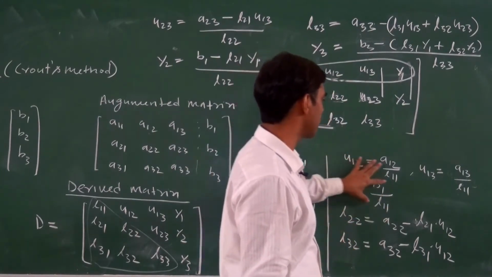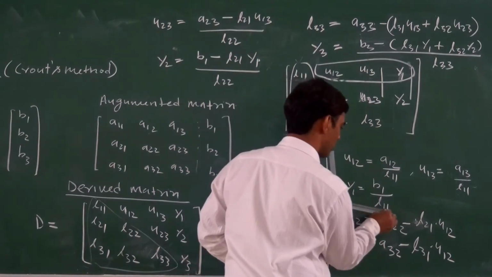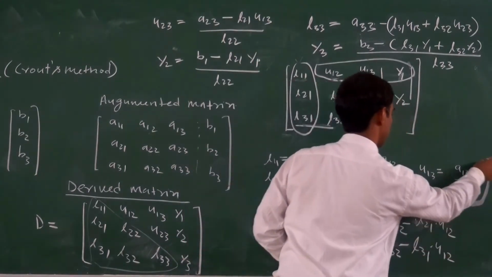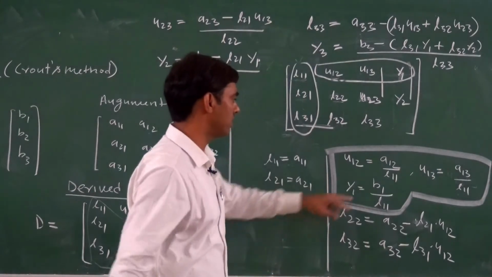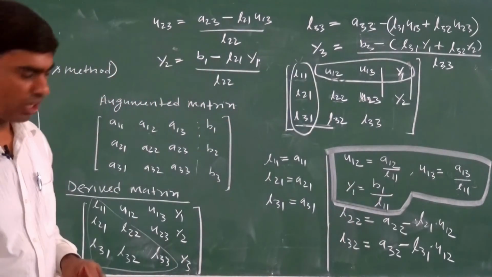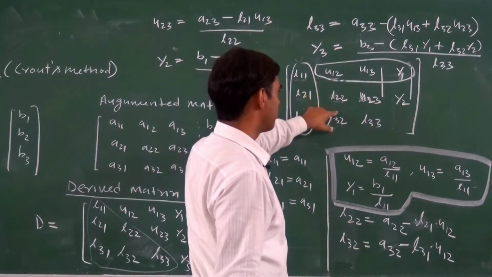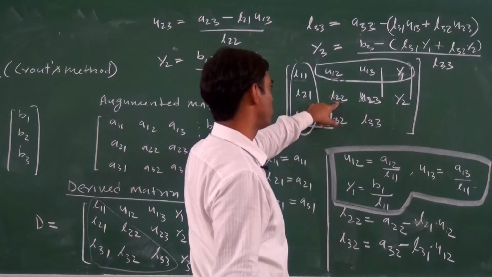So to find the remaining elements of a row, we divide by the leading diagonal element. Then again we find the remaining element of our second column, L22.